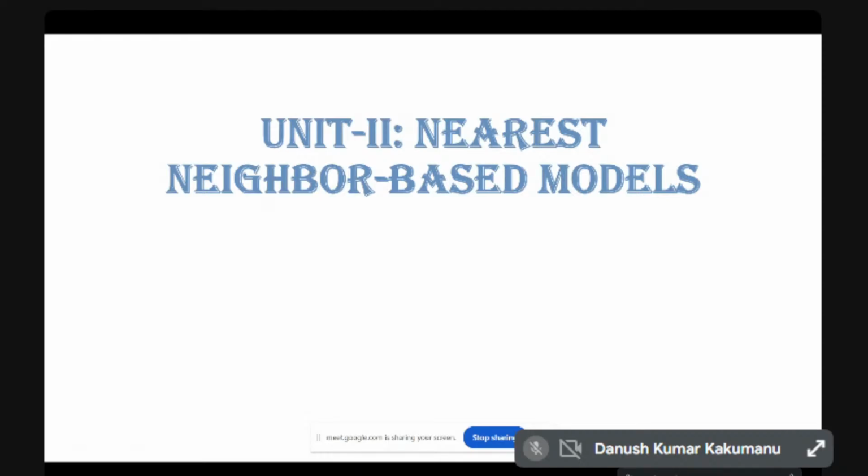Do you have the syllabus of unit two? Then we will do the nearest neighbor model maths.